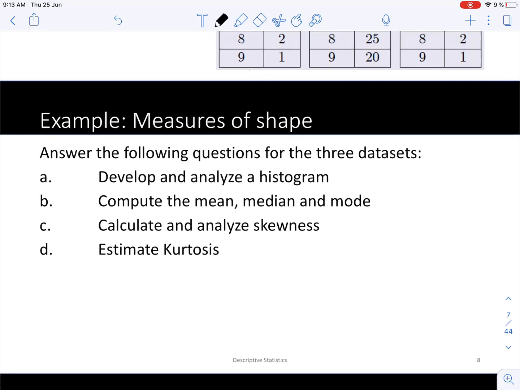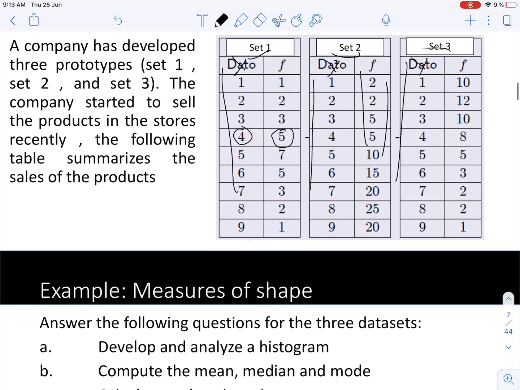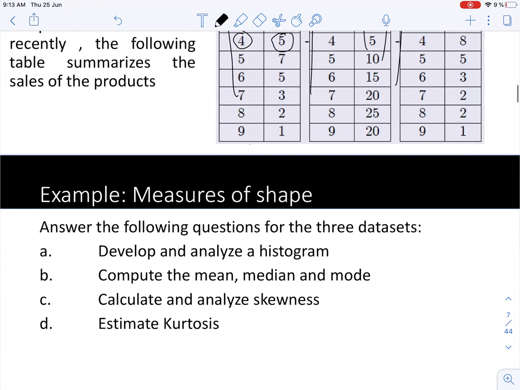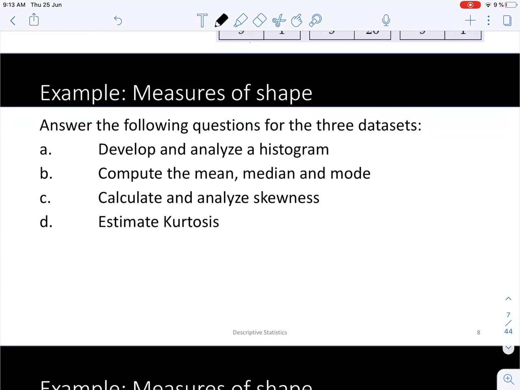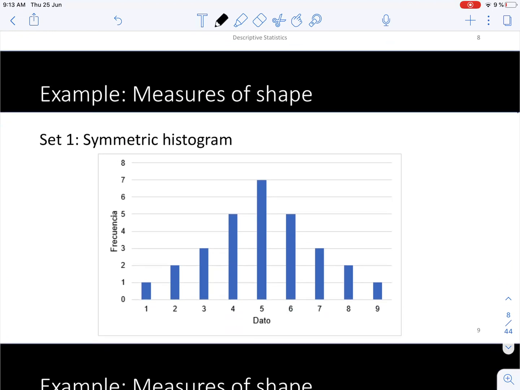Okay, so the questions here: first, develop and analyze a histogram. So using the frequencies, let's plot that information. Then we're going to compute the mean, the median, and the mode. We will calculate skewness, and finally the kurtosis. So we begin with the histograms. This is for set 1. Since we know the x values and the frequencies, we can plot them easily.